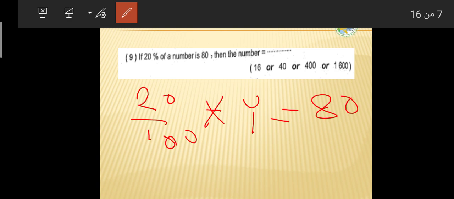Divide 80 divide 0.2. 80 divide 0.2 equal what?